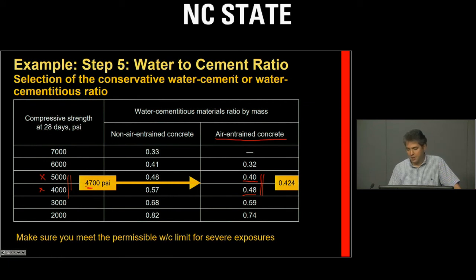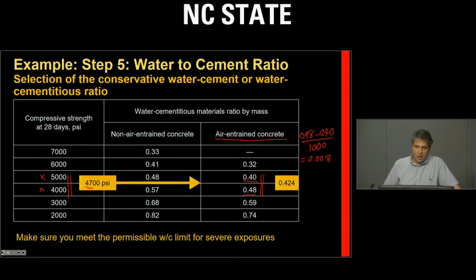I'm going to just show this in this particular case. 0.48 minus 0.4 divided by 1,000 will give you 0.08, and that number is basically the change in water-cement ratio for every 100 psi.